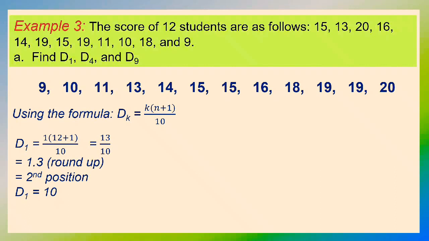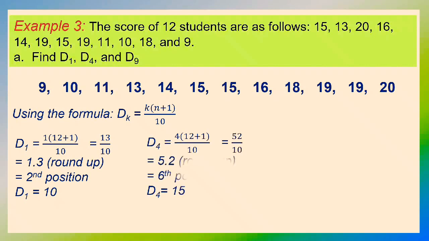What do you think, class? As we all know, the first decile falls below the median. That's 10% of the distribution. So under the rule, we are going to round up the data, and that is equal to the second position. By counting, the second position in our set of data is equal to 10.